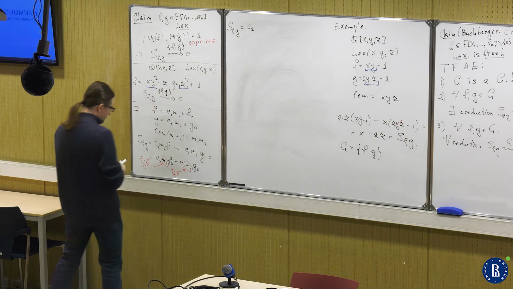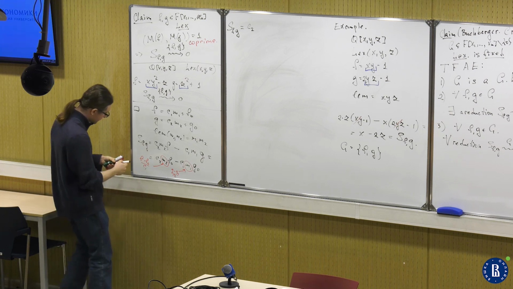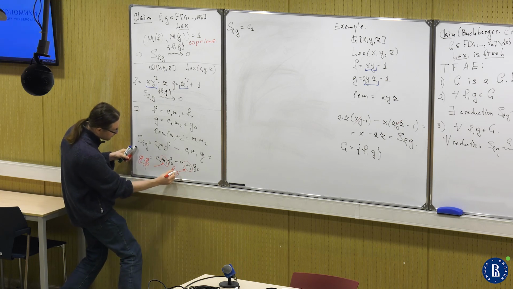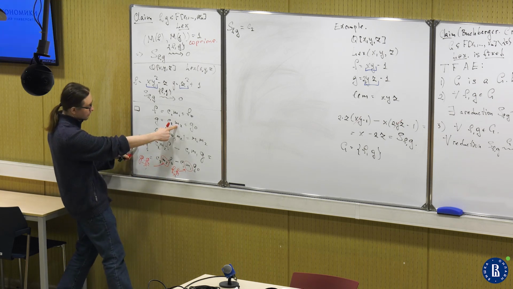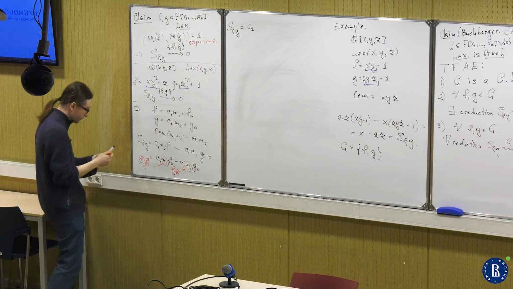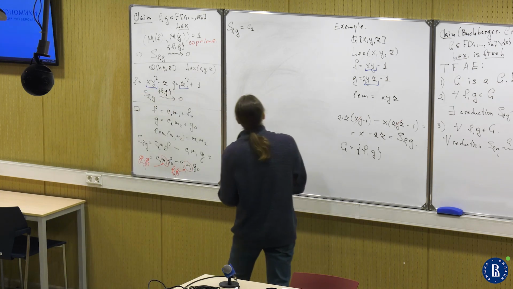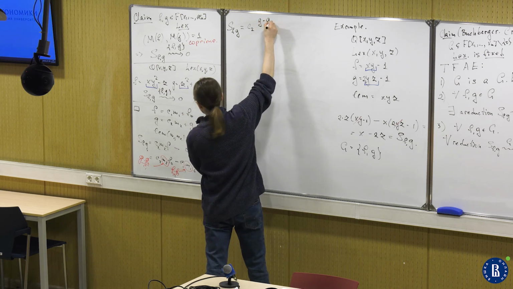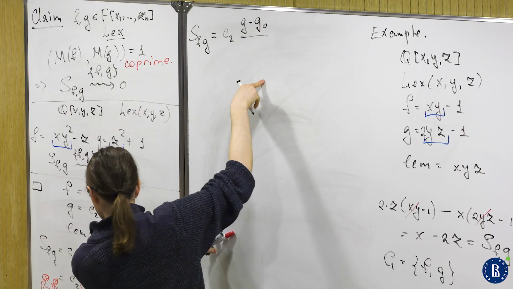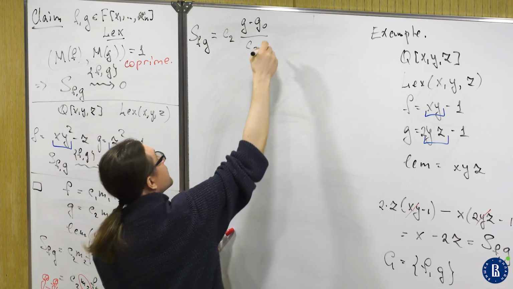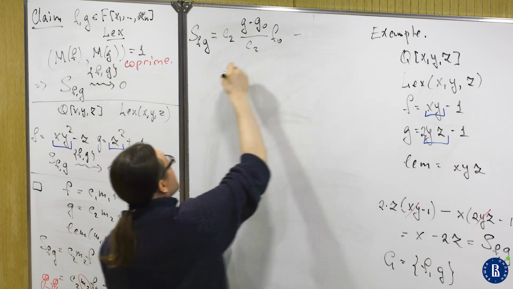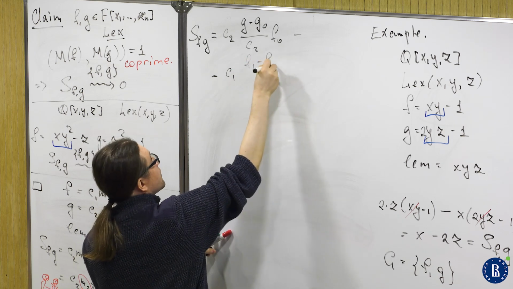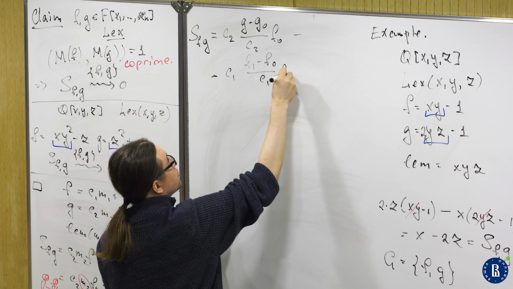I'm sorry, that was incorrect. Here is g, here must be g, and here must be f, because m2 corresponds to g and m1 corresponds to f. That was a mistake. So let me rewrite it here. m2 must be written as g minus g0 over c2, times f0, minus, and here f minus f0 over c1, times g0.